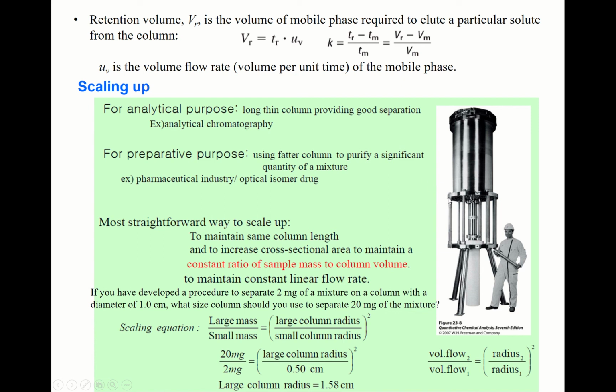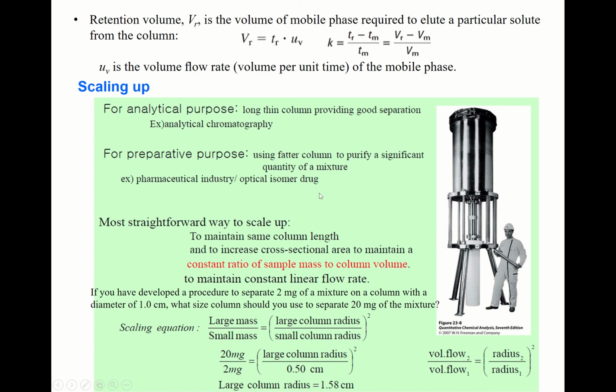Why do you need a large volume? For the purpose of selling. If you want to separate a large volume, then you can sell the components, for example in the pharmaceutical industry, optical isomer drugs.